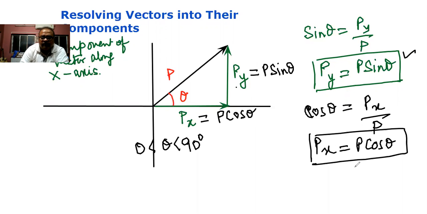But on the contrary, suppose I take something like this, say for example, this is my x-axis and y-axis I have taken. And suppose a vector is acting something like this, which is making an angle of say theta, and here you can see very well the theta being obtuse, isn't it?